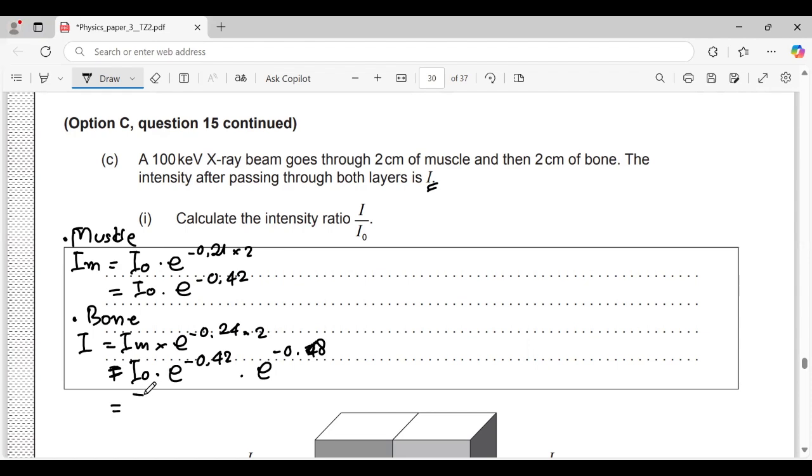It becomes I0 e to the power minus (0.42 plus 0.48), which is minus 0.90. So I over I0, this is the ratio, is 0.